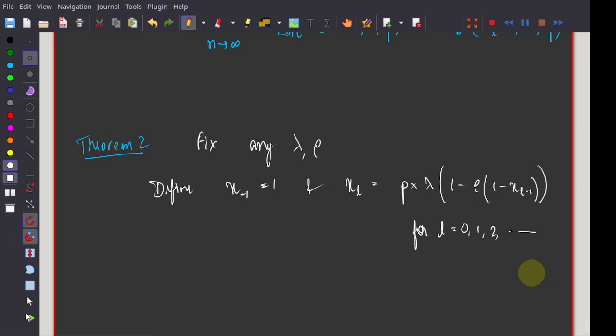Okay, so there is this recursive definition, which is purely a function of lambda and rho.